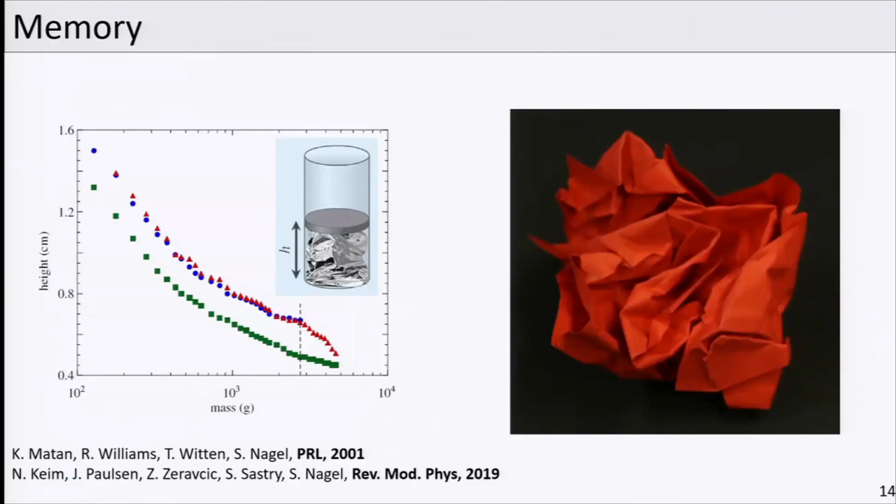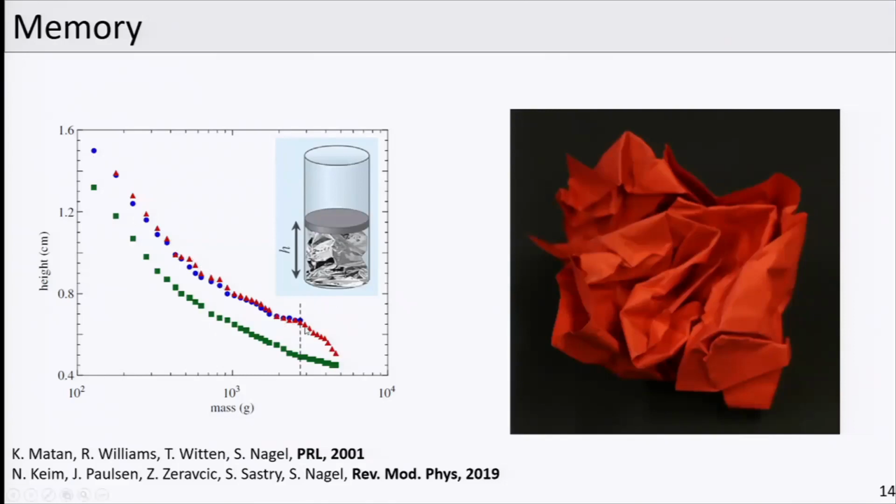So they start at these blue dots here, where the dotted line is, 1.6 kilograms, and then they decrease the weight, and so the height increases. These are the blue dots. They increase and increase. And then from there, they increase the weight again. So these are the red triangles. And you can see that they match fairly well the blue dots.